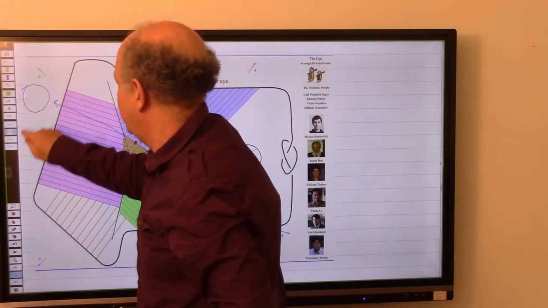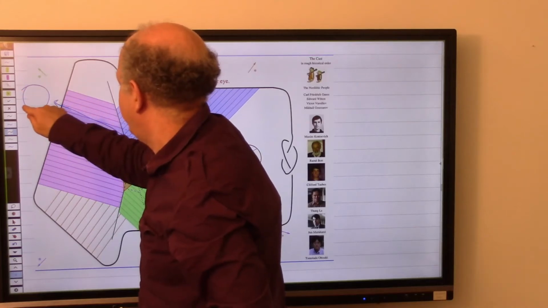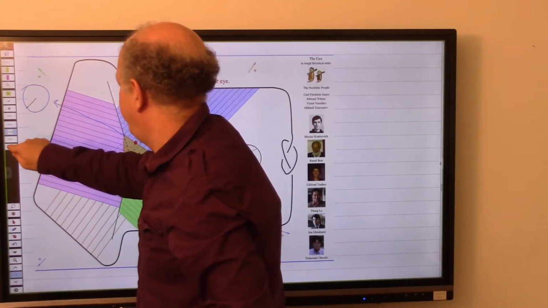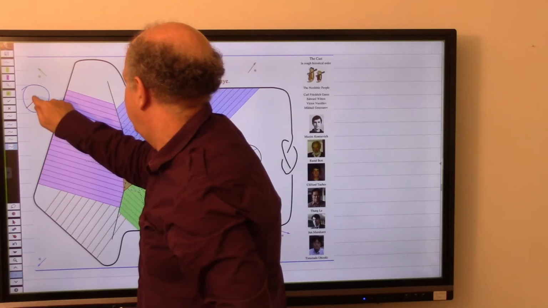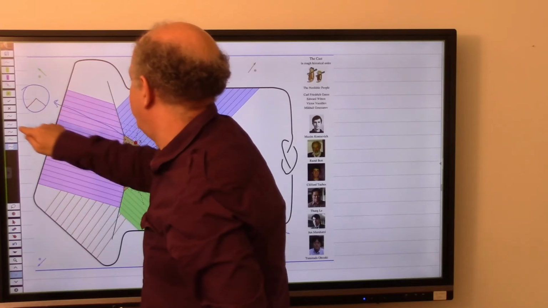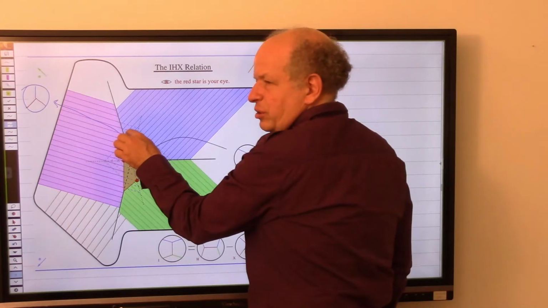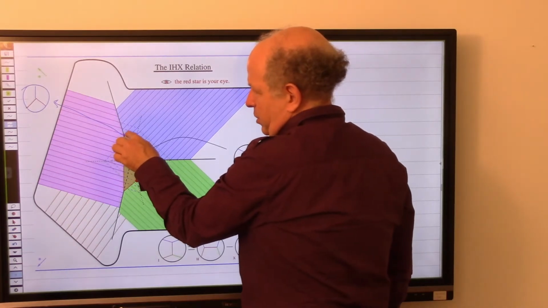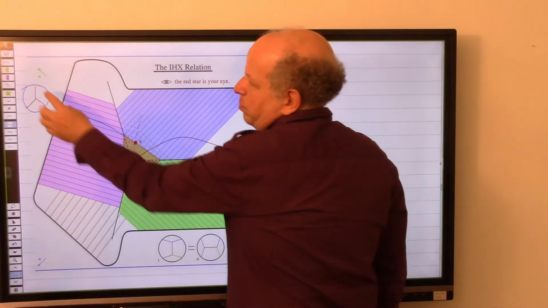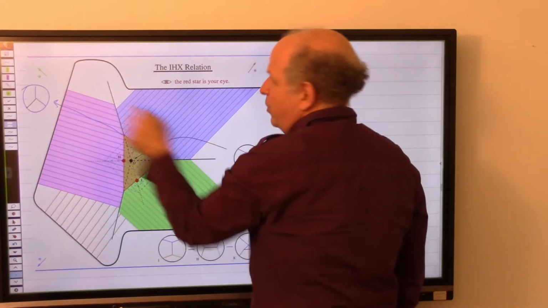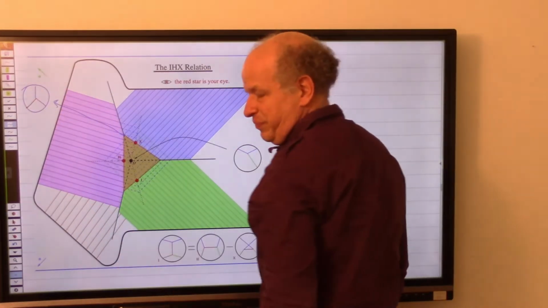Let's substitute orange for red, and purple I have, and blue. So, these correspond to the same diagram but with different colors.